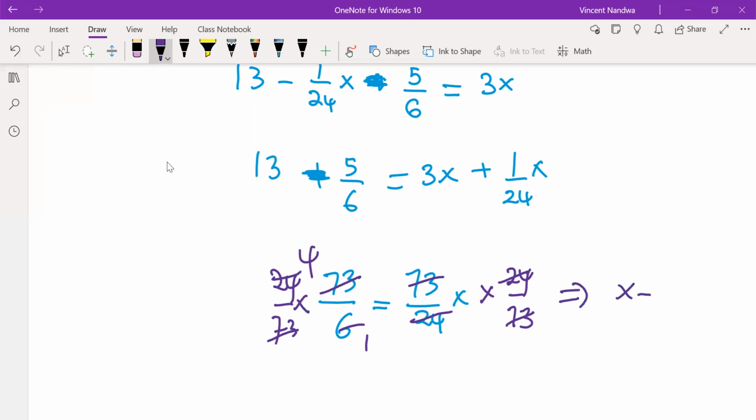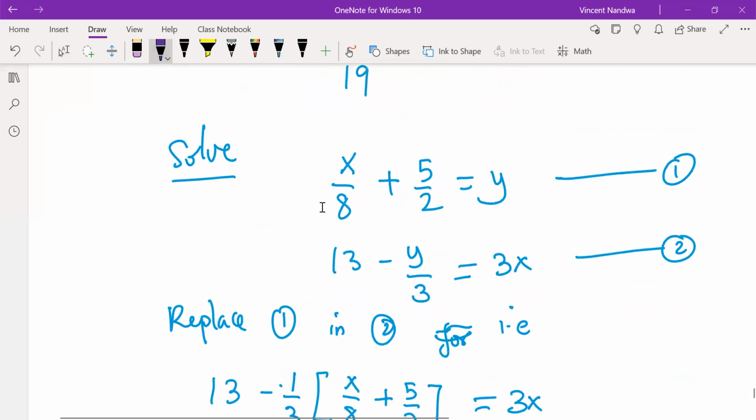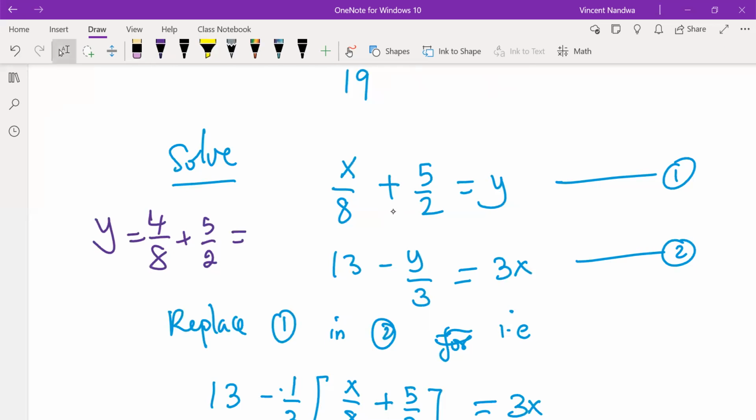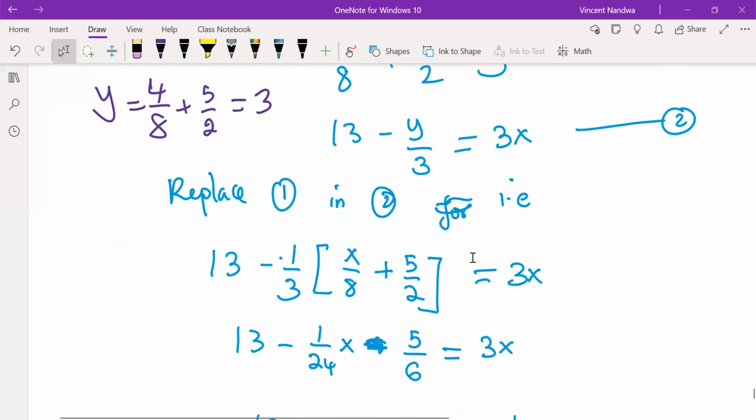So x equals 4. And then from equation 1, we can get y. We'll have 4 over 8 plus 5 over 2 equals y. And 4 over 8 plus 5 over 2 is 3. So therefore, the value of y is 3, x is 4.